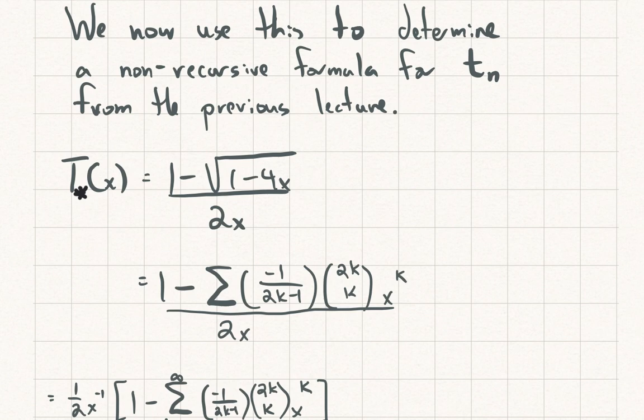And I'm just going to do a little bit of algebra to simplify this even more. Well, I'm going to take out a 1/2 x to the minus 1 from this expression here. So I'm just left with 1 minus this generating function on top. Okay, great. So that's just taking this 2x from the denominator and putting it to the outside. That's all that this is here.